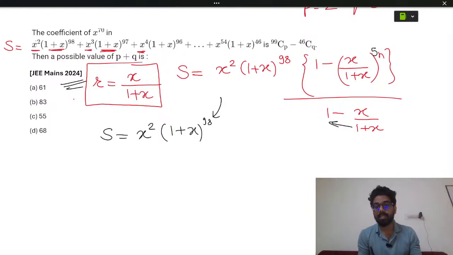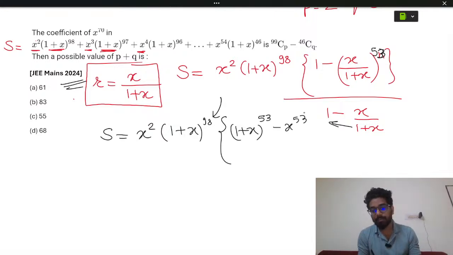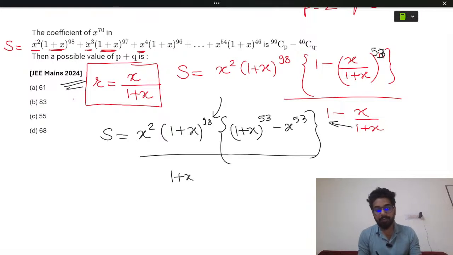So, this n is basically 53. Okay. So, x square into (1 plus x) power 98. Inside we will have (1 plus x) power 53 minus x power 53. Denominator will have (1 plus x) power 53, multiply. Now, when you multiply this thing, (1 plus x) into (1 minus x) becomes 1 upon (1 plus x).